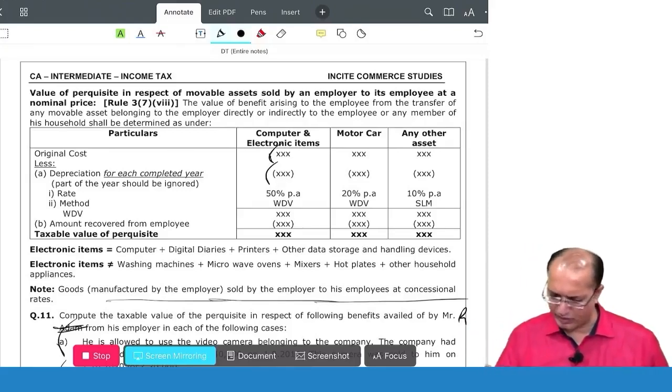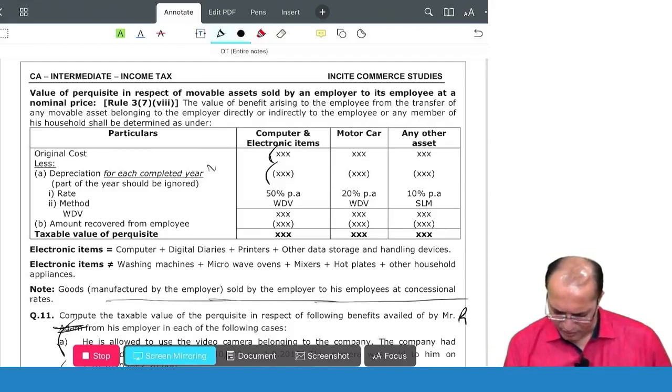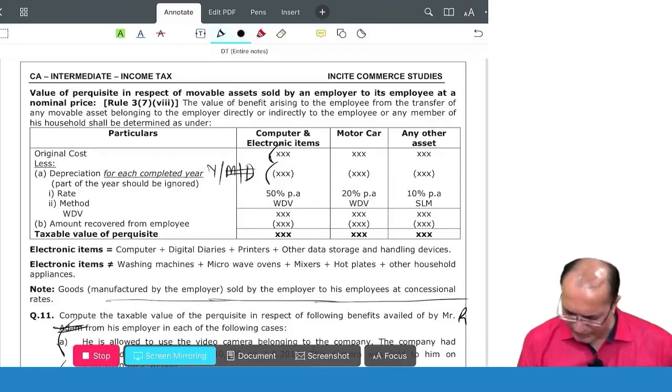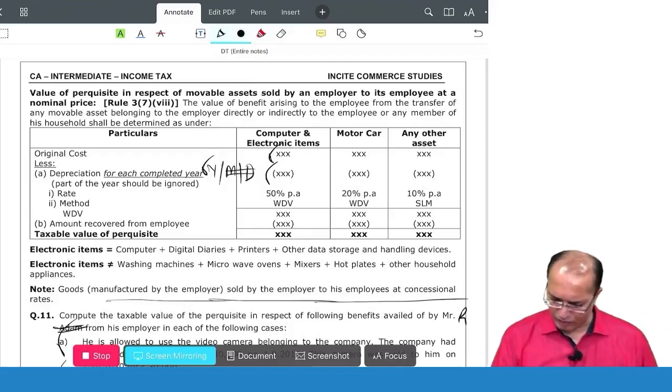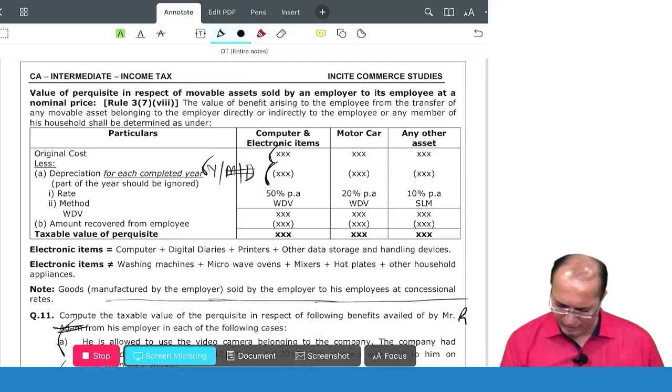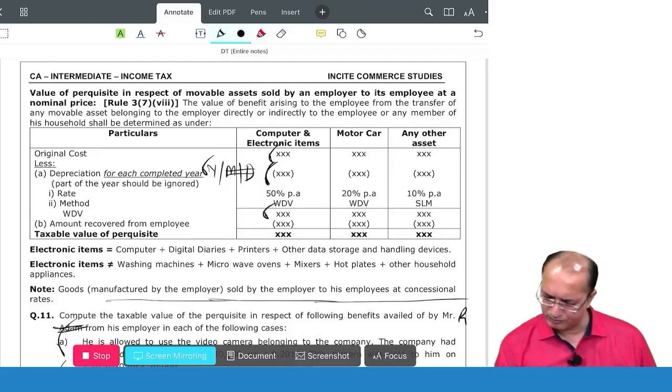That period you have to calculate in number of years, months and days. In that, months and days you have to ignore. You have to take only completed years. And for that many years, you have to deduct depreciation. Once you deduct depreciation, you will arrive at the amount of WDV.